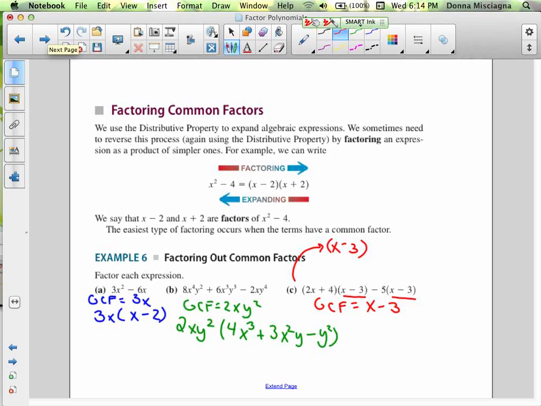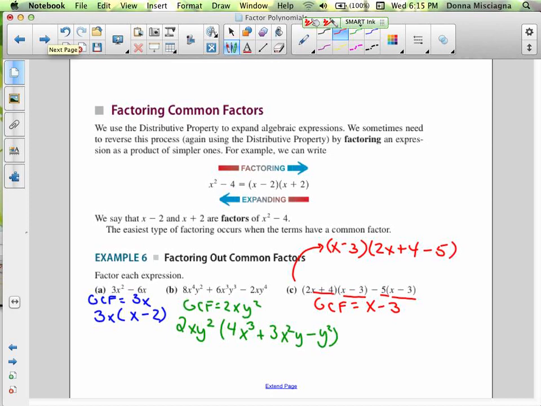All right, so if we divide 2x plus 4 times x minus 3 by x minus 3, we're just going to be left with a 2x plus 4. If we divide negative 5 times x minus 3 by x minus 3, we'd be left with a negative 5. So you see that the leftover terms, this binomial and that monomial, are what's in the parentheses because we have factored out an x minus 3 from both those terms.